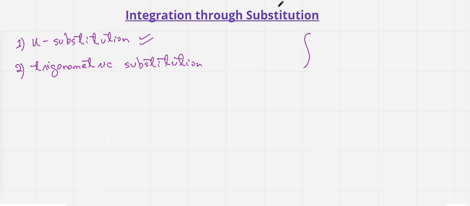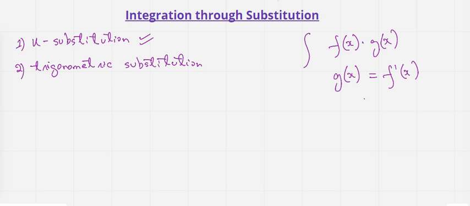Or if you have an integrand in the form of a product of two different functions, such that one function is the derivative of the other, like g of x might be the derivative of f of x, or f of x might be the derivative of g of x, then you are going to use the substitution process.